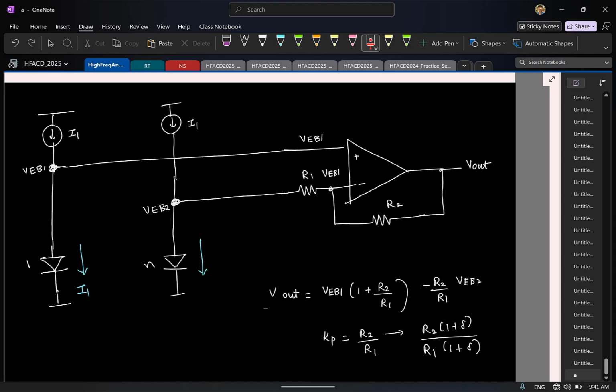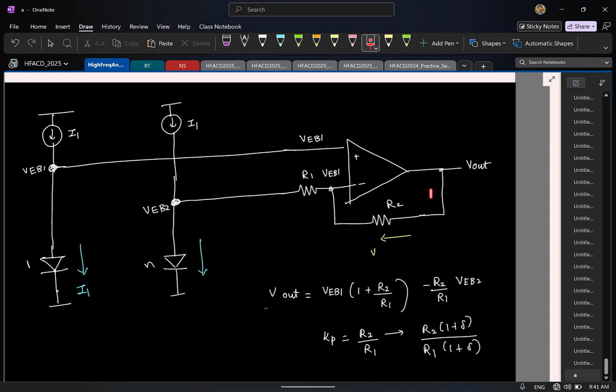Is it clear that this current is not I1? So I have current I1 plus some other current flowing this way, correct? And remember, the current flowing here and here are the same. So what is the current flowing in this direction through R2? I mean, current flowing through R2 in terms of the voltage and current.